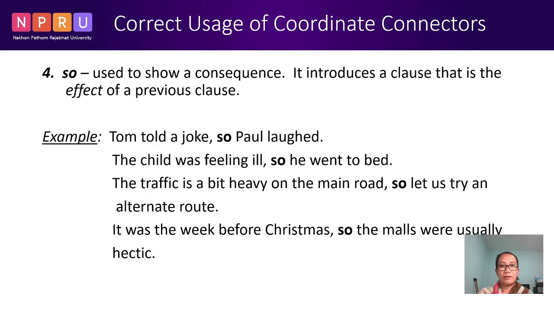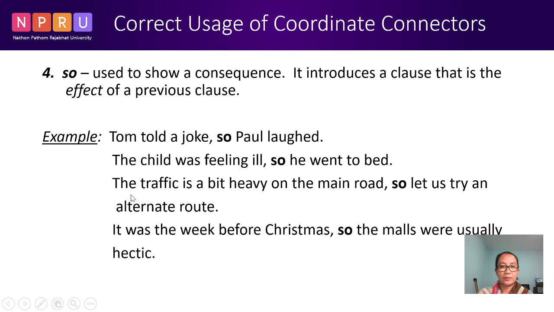Next, the fourth coordinate connector is the word so. So is used to show a consequence. Take note of the consequence in the sentence. It introduces a clause that is the effect of a previous clause. For example: Tom told a joke, so Paul laughed. The child was feeling ill, so he went to bed.